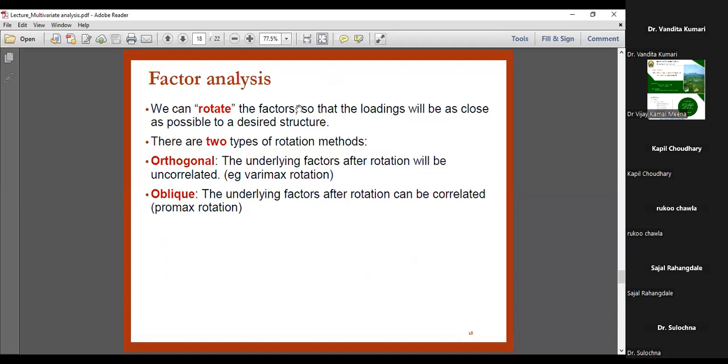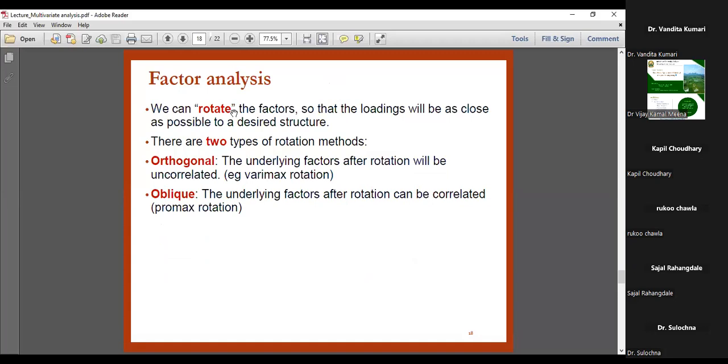So rotate means we rotate the factors such that the factor loadings will be as close as possible to the desired structure. There are 2 types of rotation methods which are used: orthogonal rotation and oblique rotation.